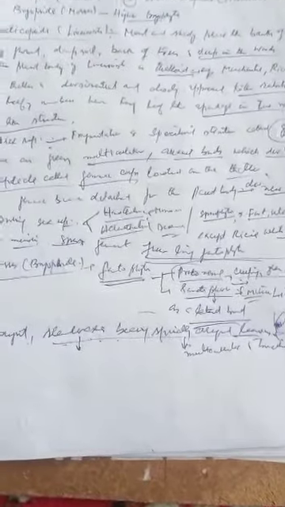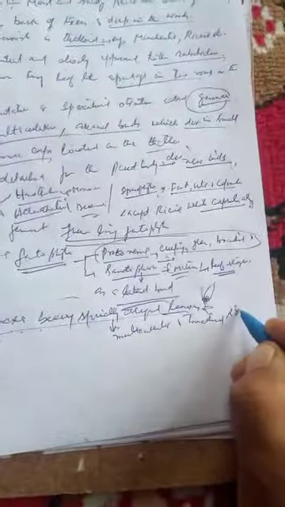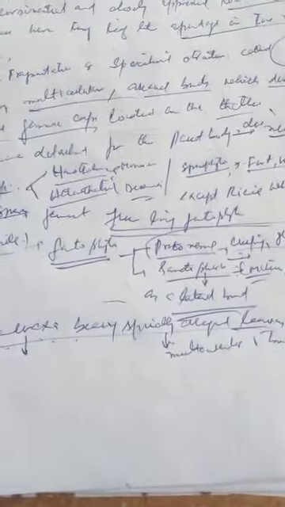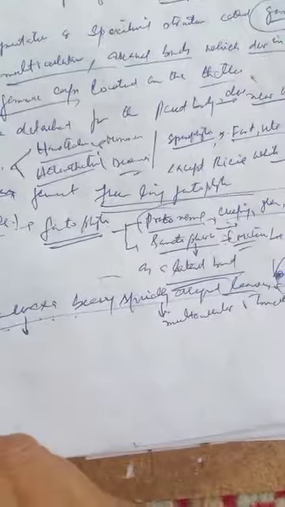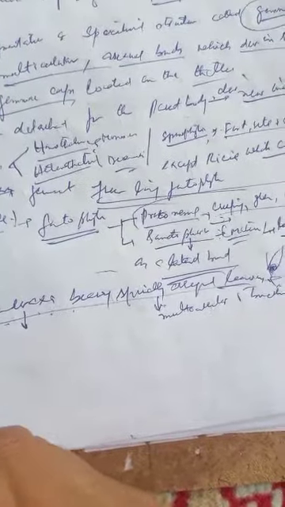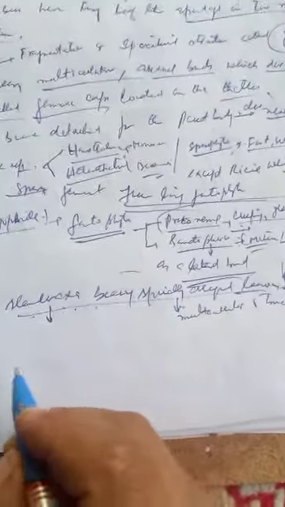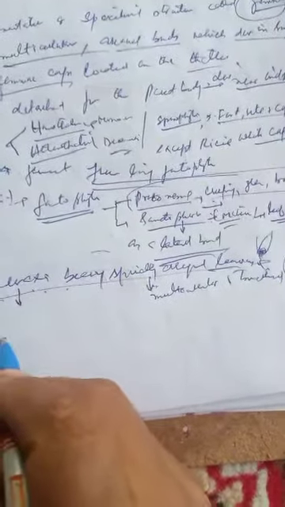And this stage, that is gametophore, bears the sex organs. The protonema stage does not bear sex organs. It is the gametophore which bears sex organs. Vegetative reproduction: we have seen that in bryophytes vegetative reproduction takes place by fragmentation and gemmae formation.